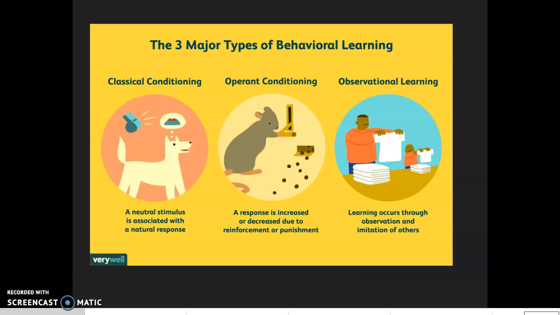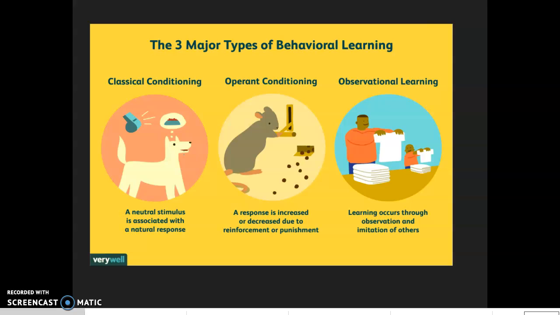There are 3 major types of learning that we're going to study in this unit. We've done classical conditioning, where a neutral stimulus is associated with a natural response. So a bell is associated with food, which elicits the response of drooling, okay?